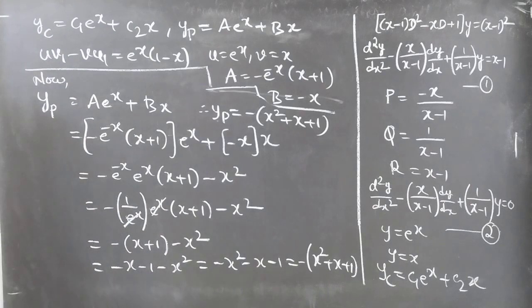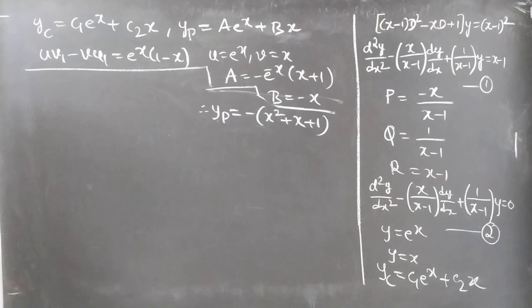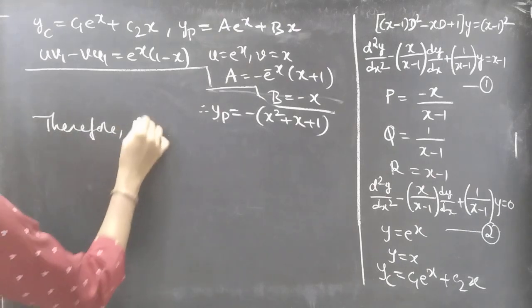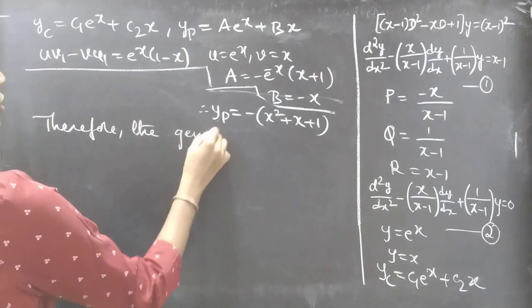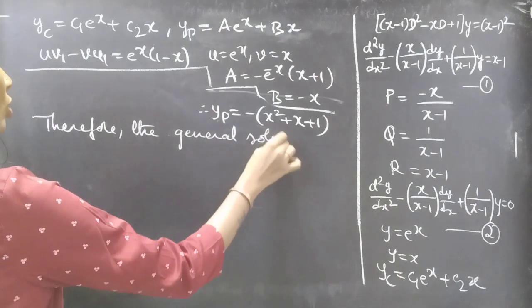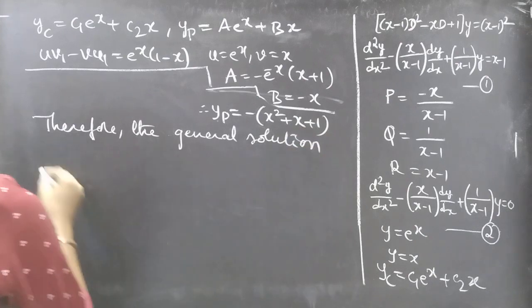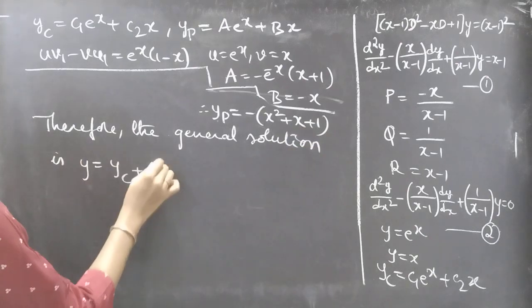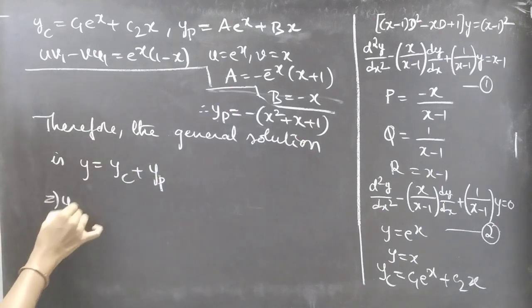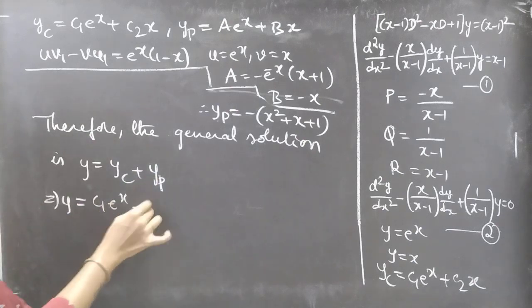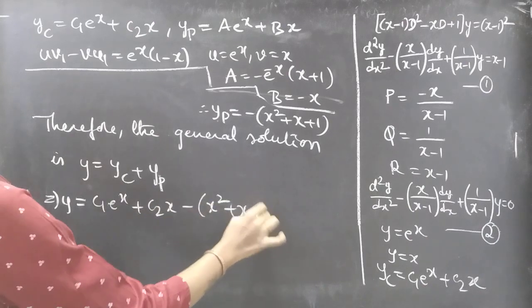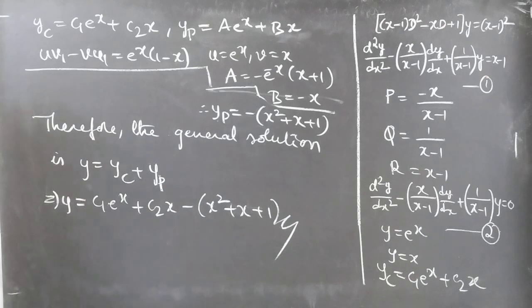Let's now write the general solution using y equals yc plus yp. Therefore, the general solution of the given equation, equation 1, is given by y equals yc plus yp. Then y equals c1 e power x plus c2 x, and yp is minus of x square plus x plus 1. This completes the problem.